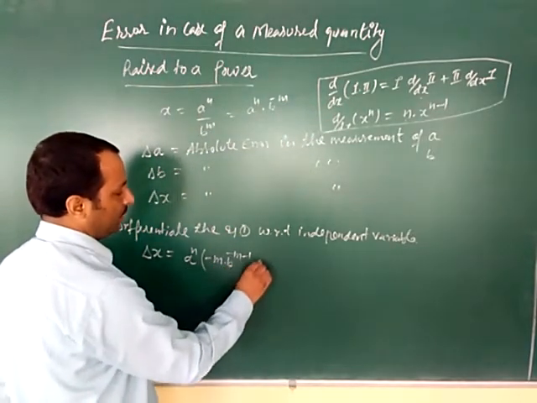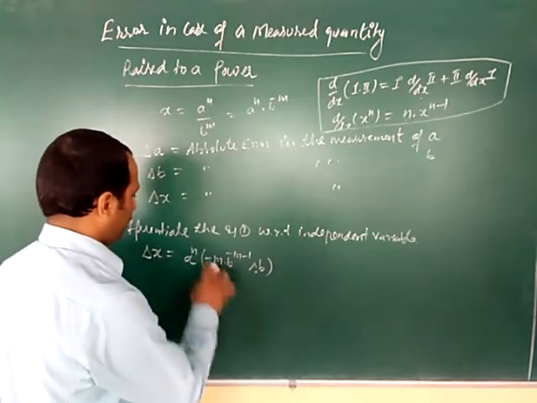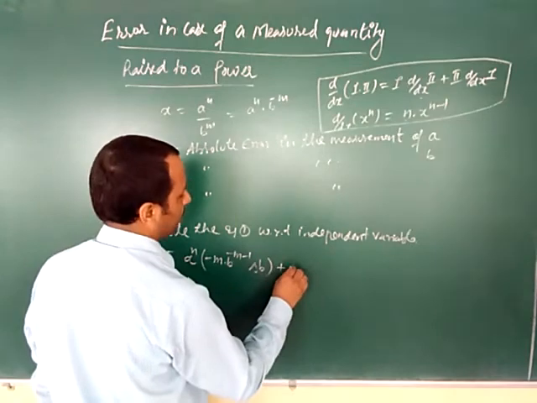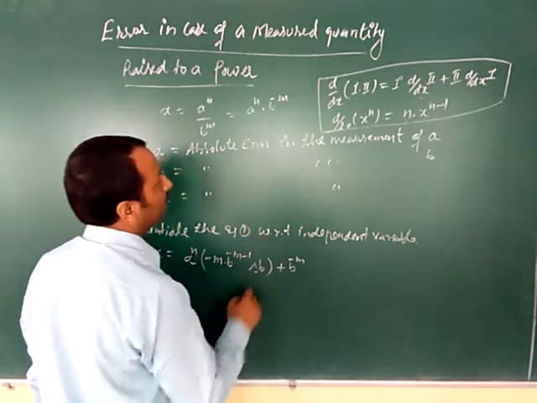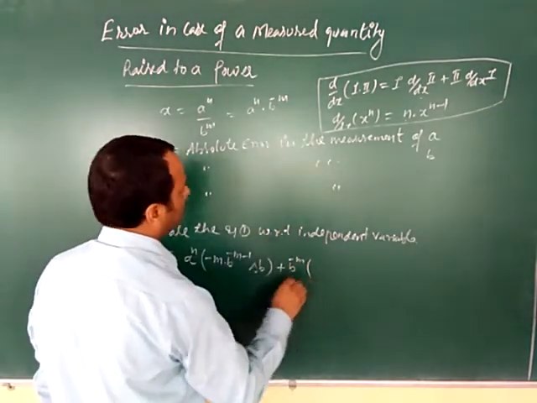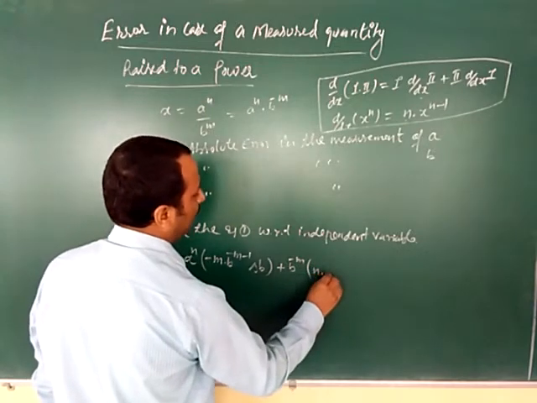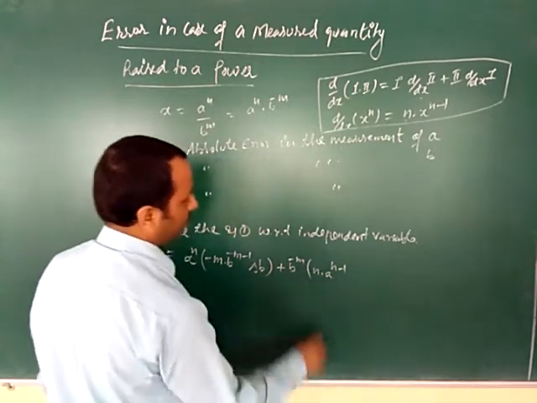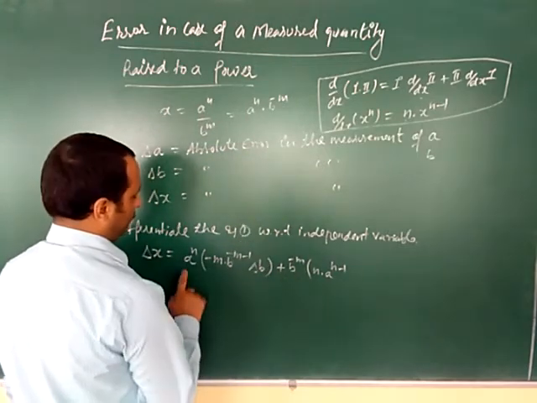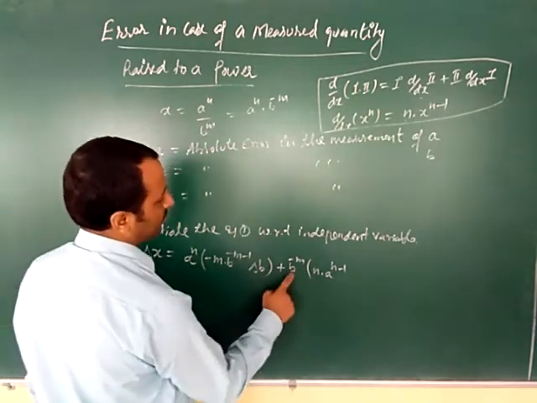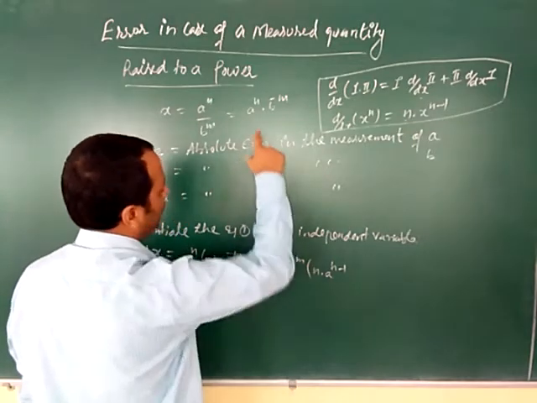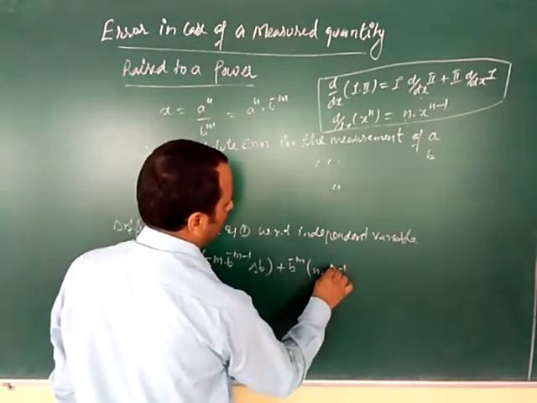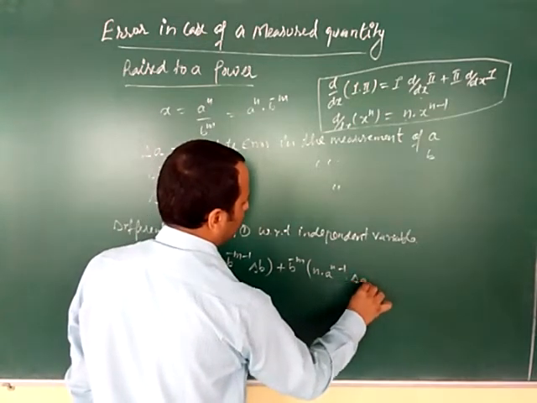Delta b. So this is first into differentiation of second, plus second as it is will remain here, and differentiation of the first. So n into a to the power n minus 1 into delta a.